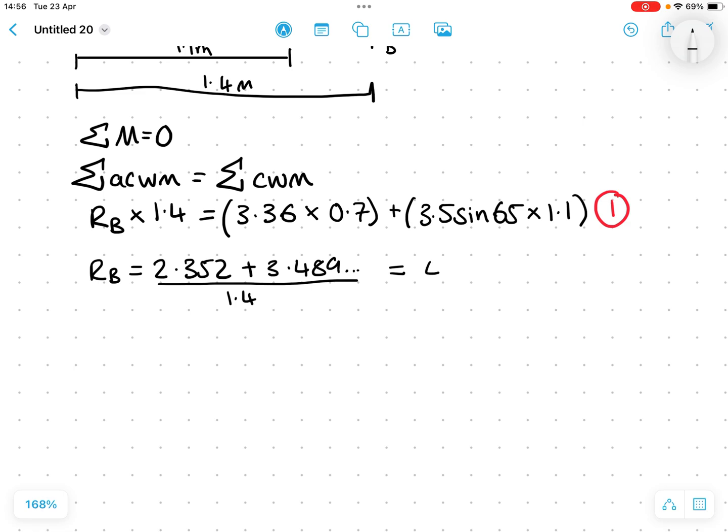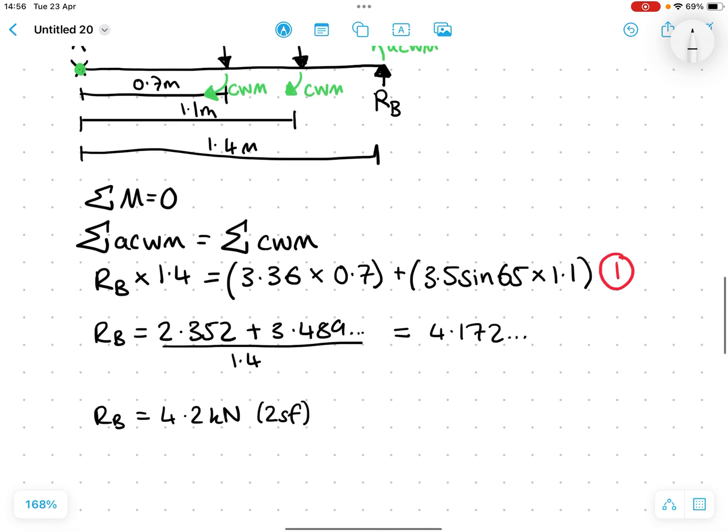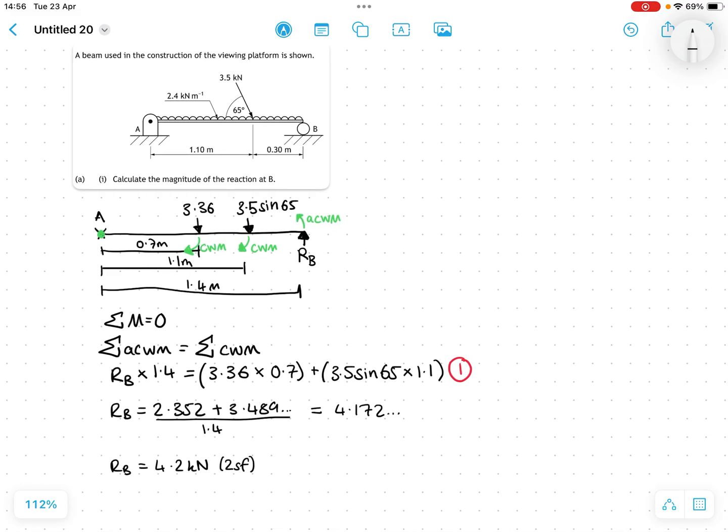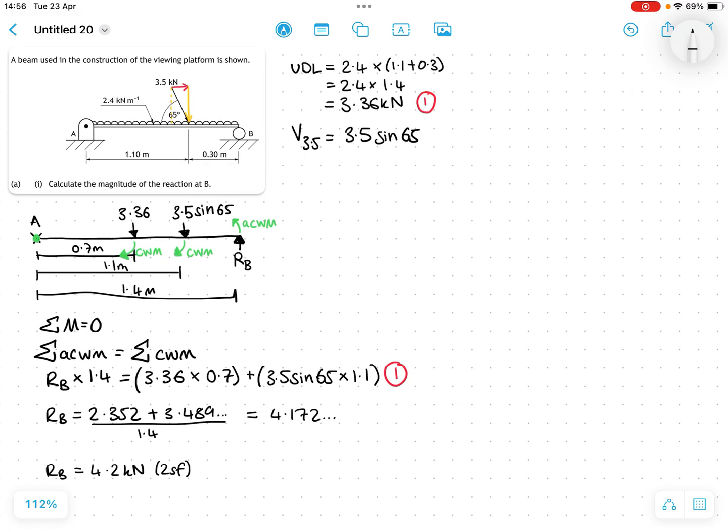Which gives me an answer of 4.172, and if I round that to 2 significant figures, RB is equal to 4.2 kilonewtons. I'm going to say that's to 2 significant figures. So our reaction force at B is going to be 4.2 kilonewtons.